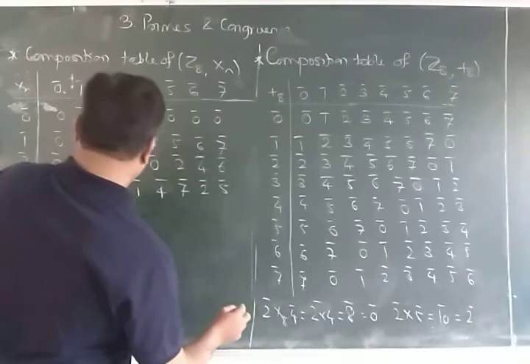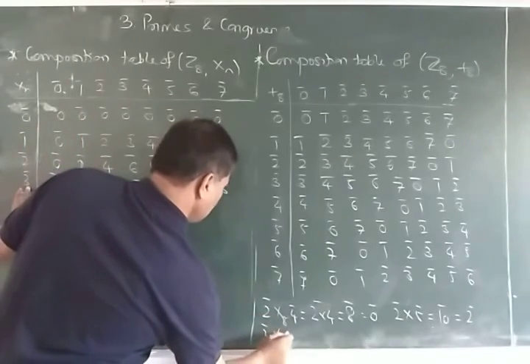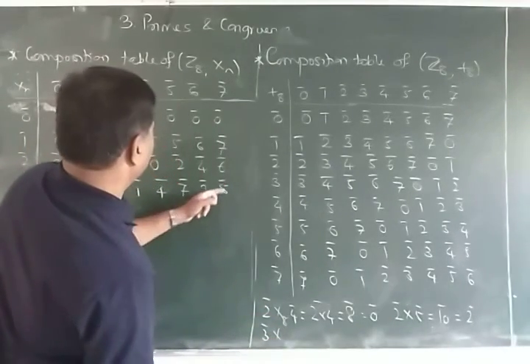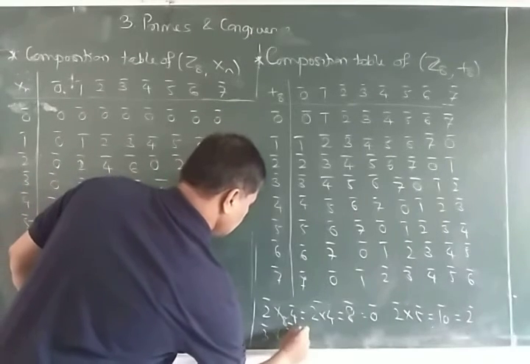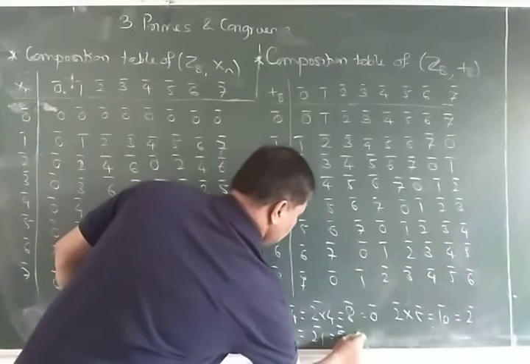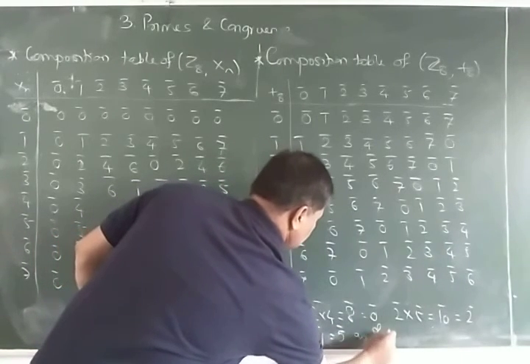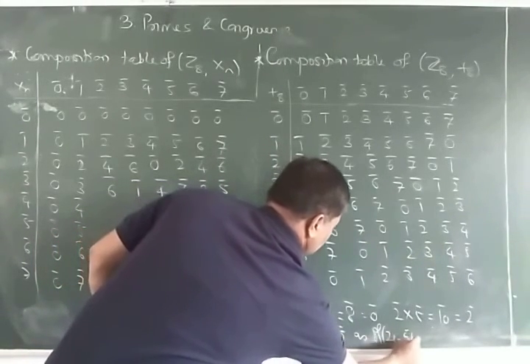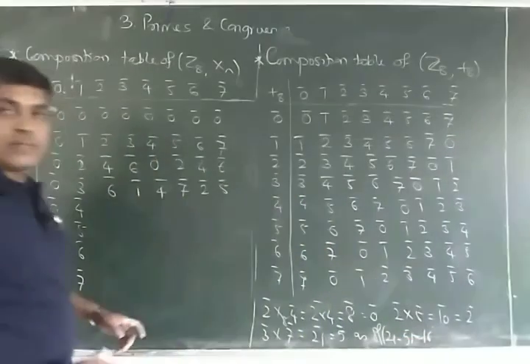See here, 3 bar into 7 bar is equal to 21 bar, which is 5 bar, as 8 divides 21 minus 5, which is 16.